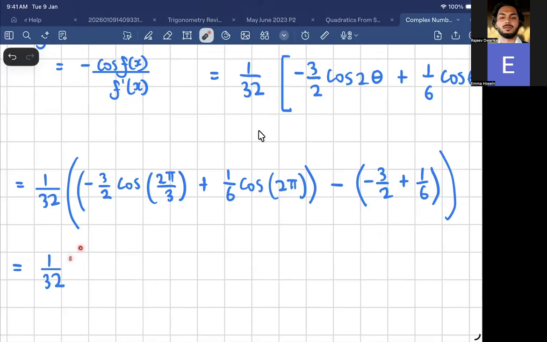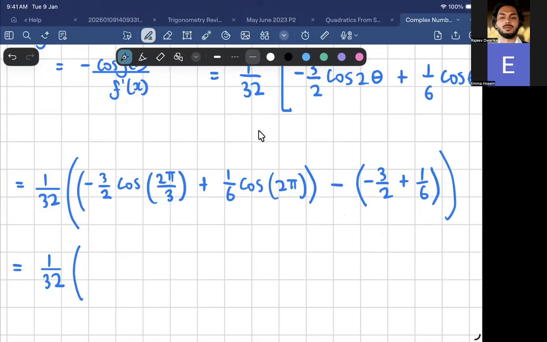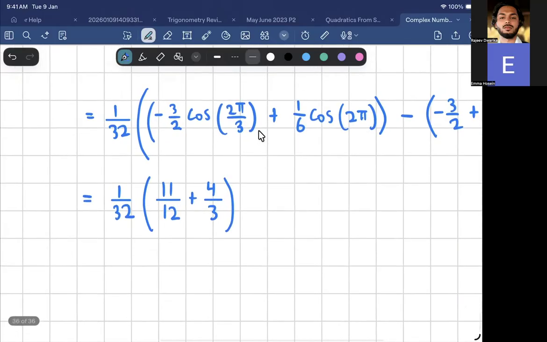Because this is 1 over 32 times 11 over 12 plus 4 over 3. So that'll be 11 over 12, and then minus 4/3, which is plus 4/3. And that would be 16 over 12. So that really would be 27 over 12.